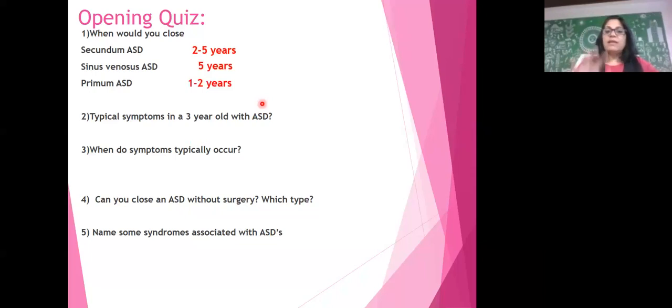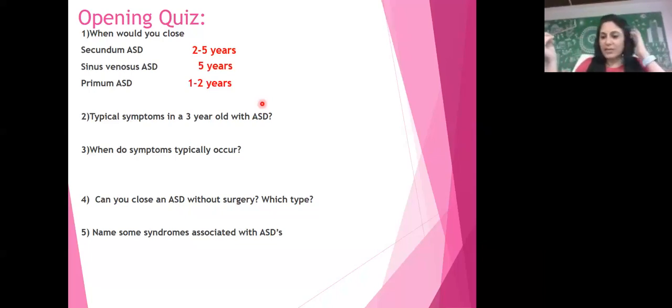Now, what are the typical symptoms in a 3-year-old with an ASD? Anyone like to answer that? Typical symptoms in a 3-year-old with ASD. No trick questions. This is just, in a 3-year-old, what symptoms would they have? Or do they not have symptoms?